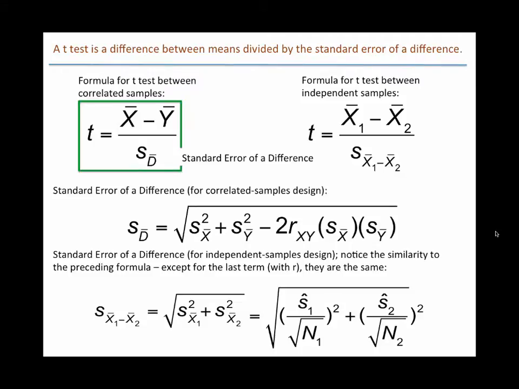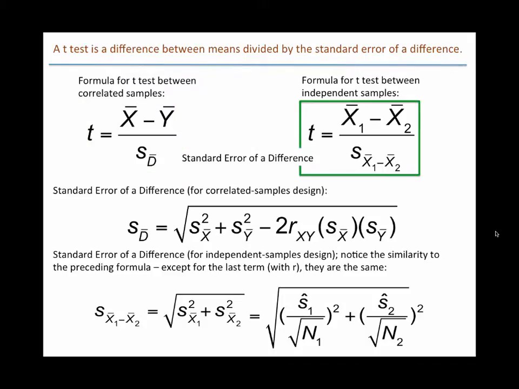So last time we computed the t-test for a correlated samples design. And this time we're going to be computing the t-test for an independent samples design. In a few minutes we'll consider the conceptual difference between the two designs, and they really are quite dramatic. But for now, let's just consider the mathematical differences between these two formulas.